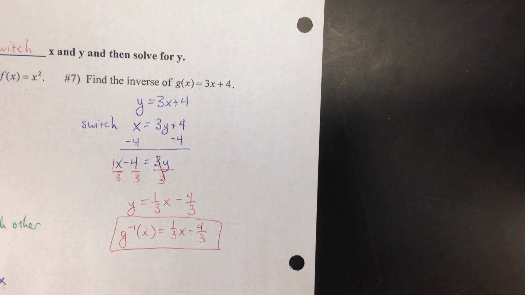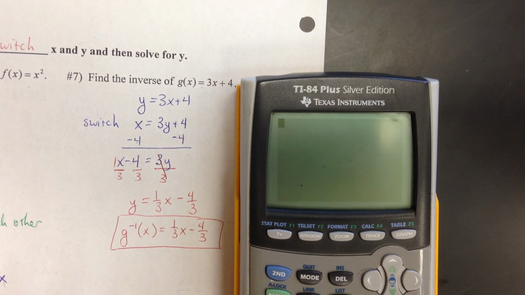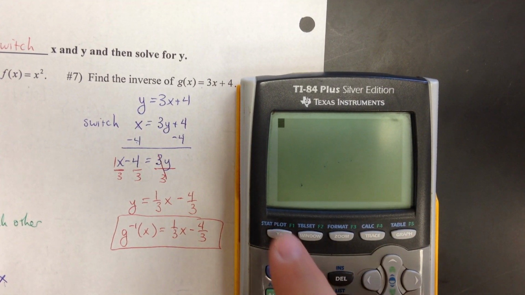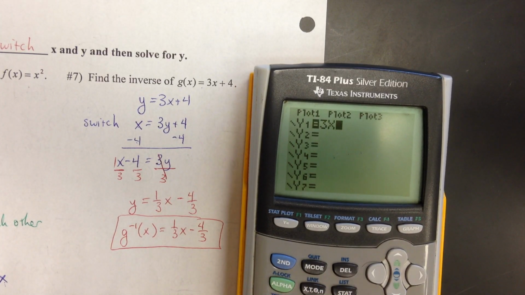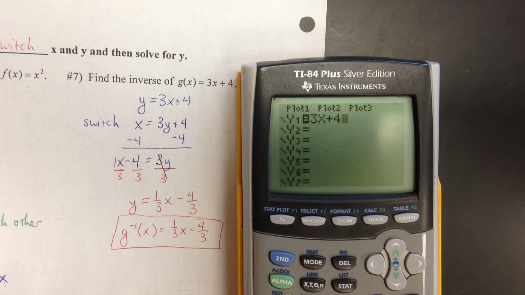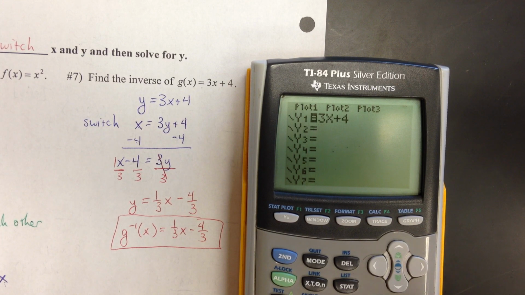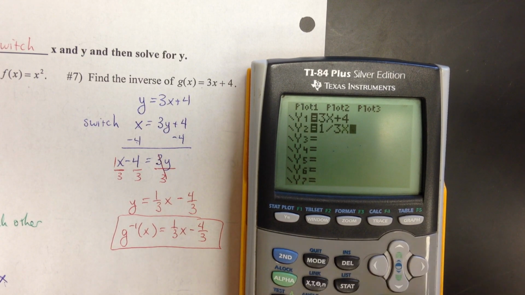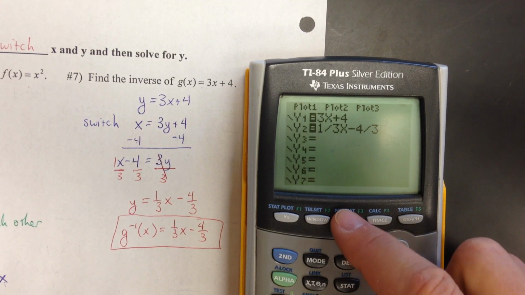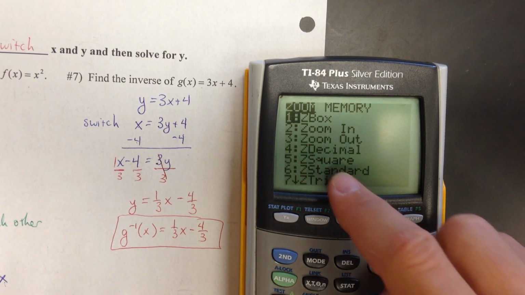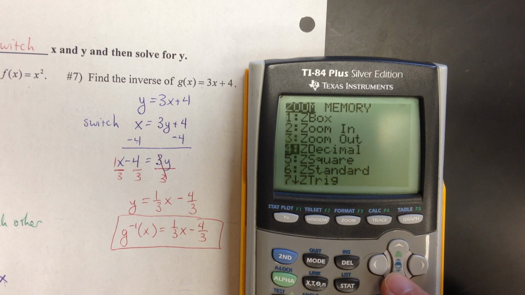Now just to show you that these are actually inverses, if I go to y equals, and I type the original function, 3x plus 4, and I type my inverse, 1/3 x minus 4/3, when I graph them, I'm going to go zoom square.